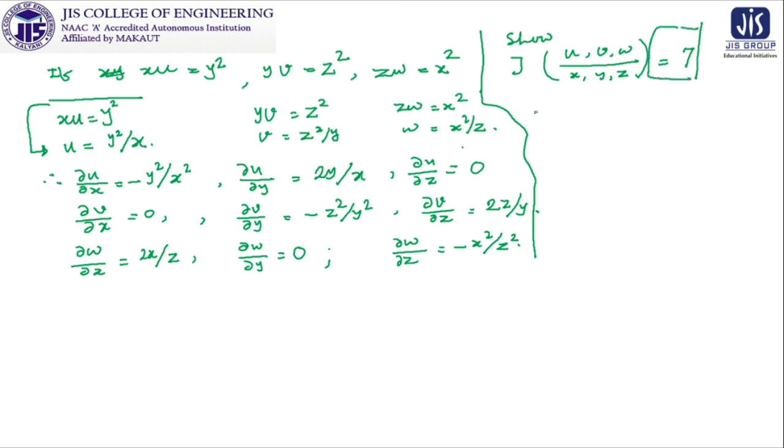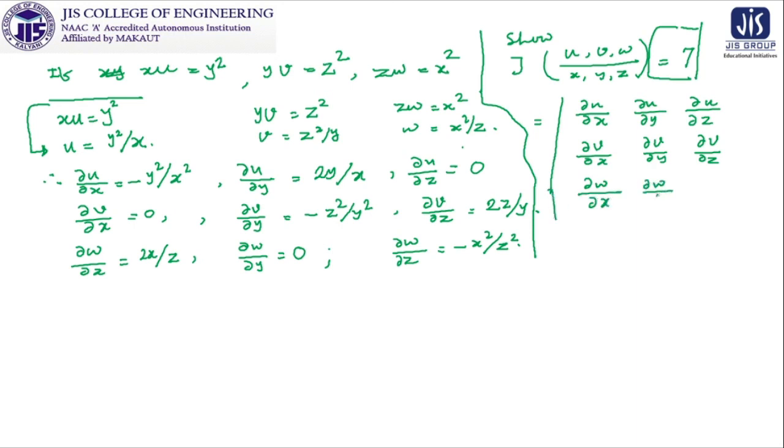So in the next line we have to prove it is 7, but it is not yet 7 to us. So from this part we can start it as we have stated, del u del x, then del v del y, del v del z, and del w del x, del w del y, del w del z.